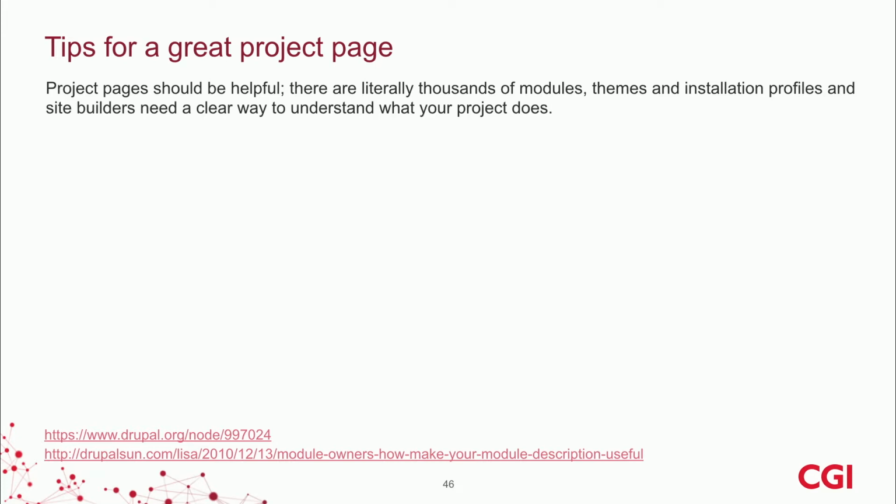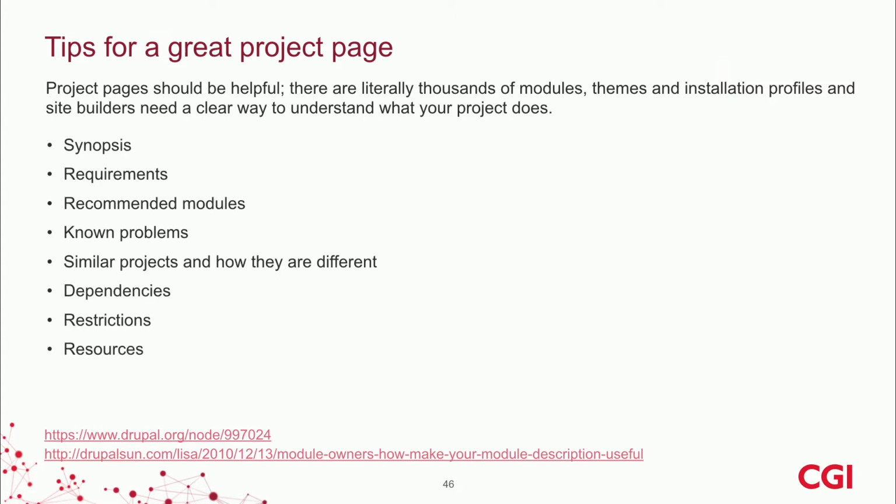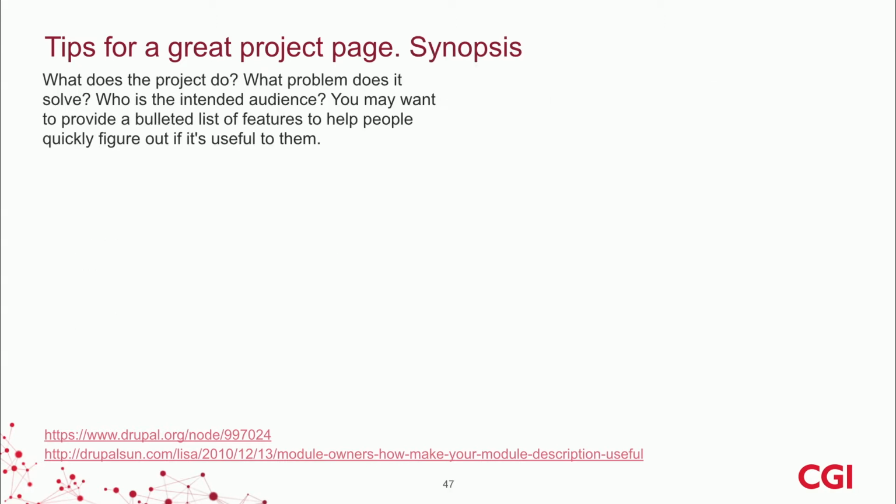Okay. Now that we have a module, we need to create the project page. The project page should at least have these sections. I never wrote restrictions or dependencies before, but maybe you can have them in your project.